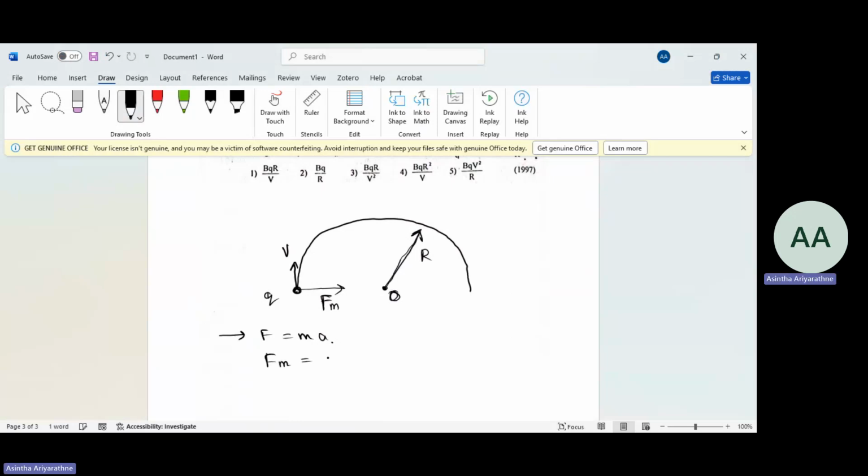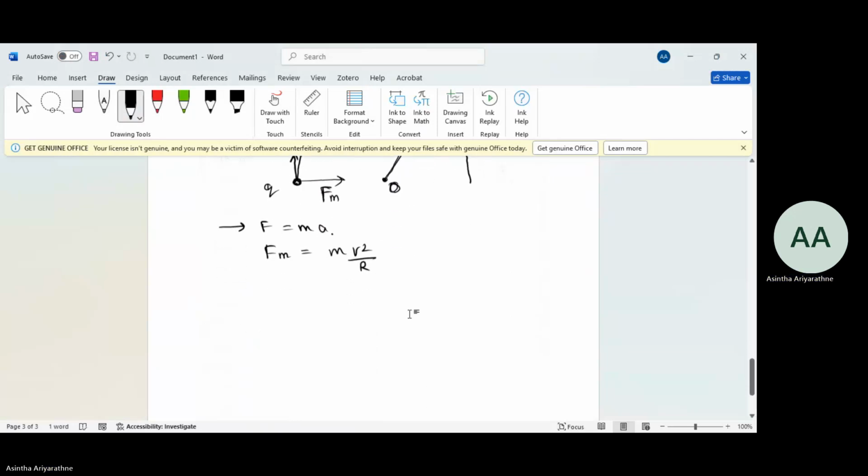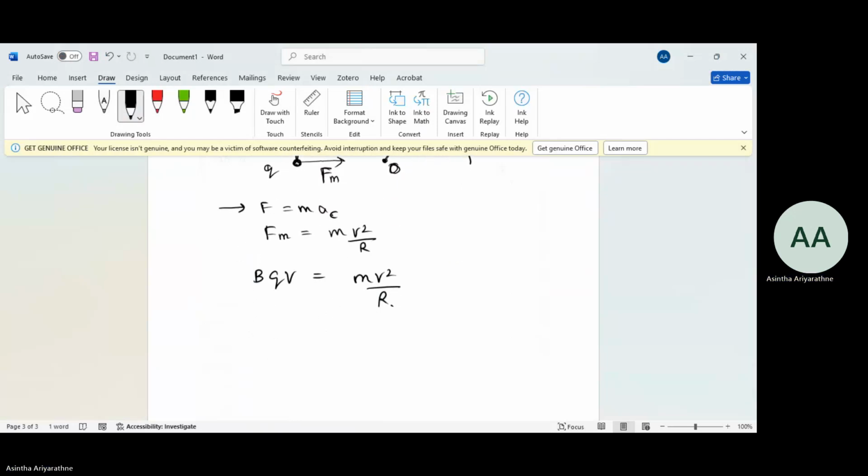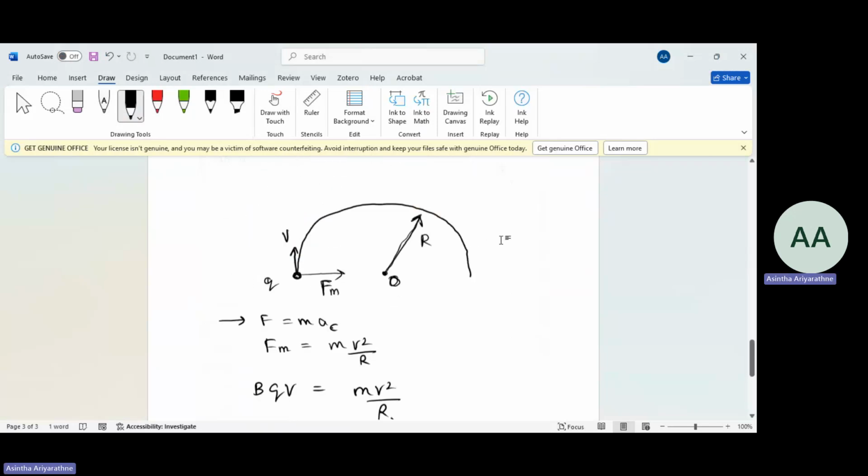The magnetic force is equal to m v squared over r, that we learned from the general acceleration equal to v squared over the radius r. And this is the magnetic force acting on a charge, BQV. So BQV equals m v squared over r. Then we have to find m, right?